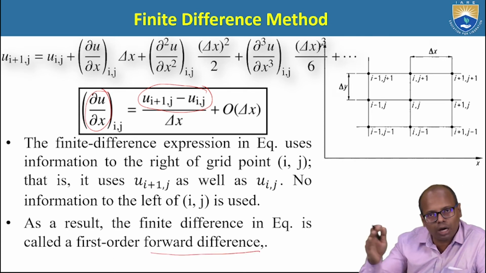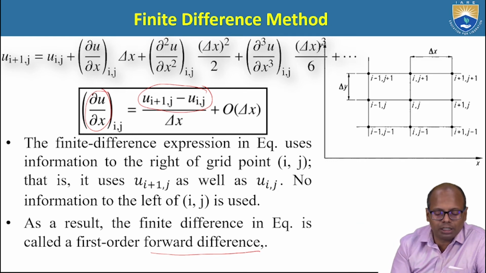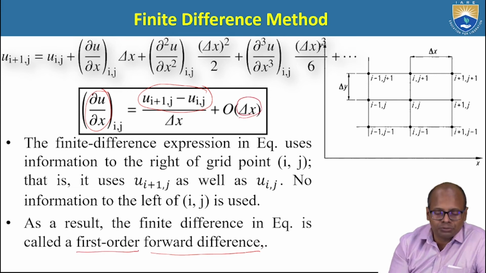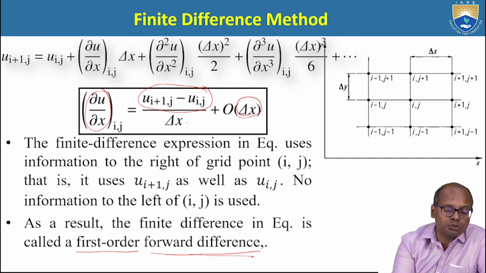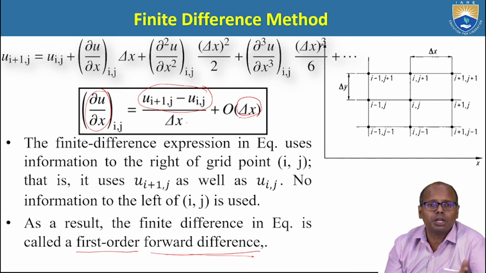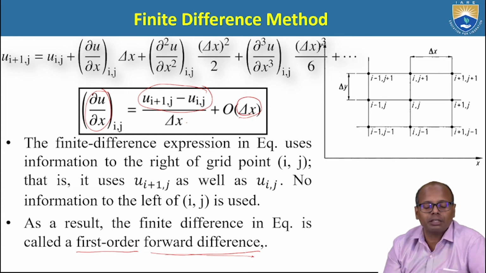Since we have moved forward in space, it is called the forward difference, and the order of accuracy is first order, so this is called the first order forward difference of dou u by dou x. So the first order forward difference equivalent of the partial differentiation of u with respect to x is given by this.